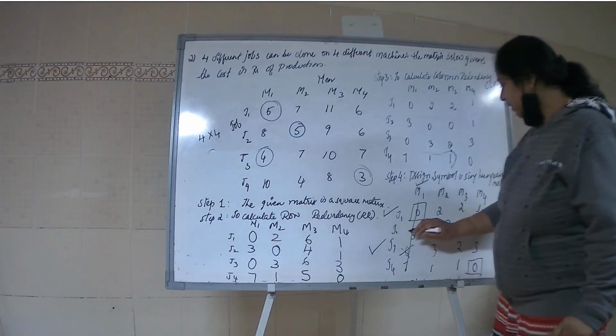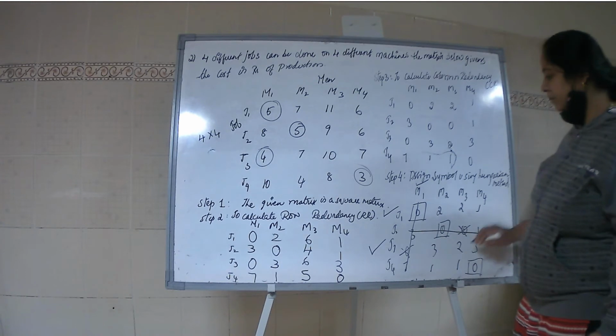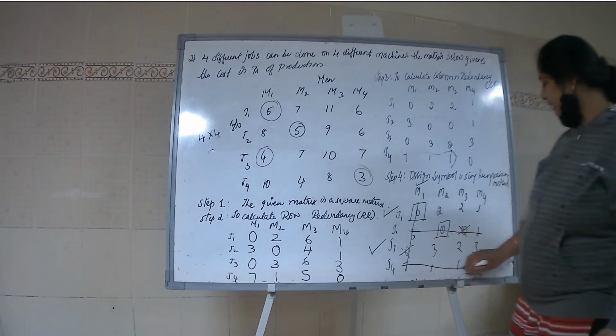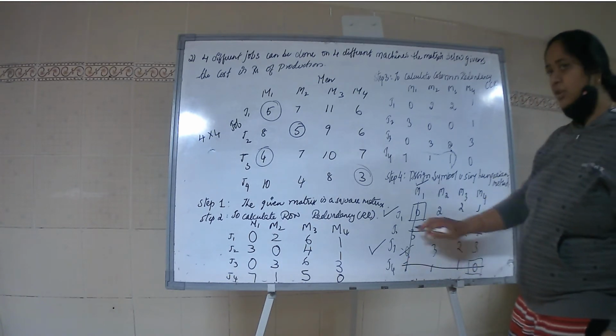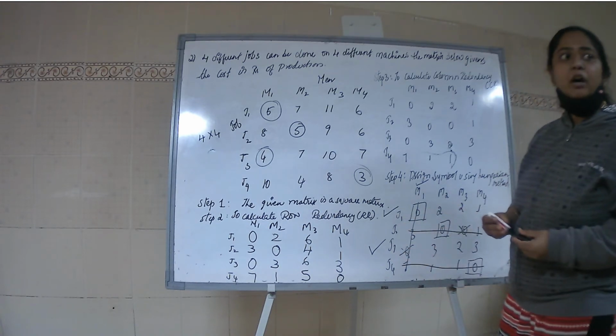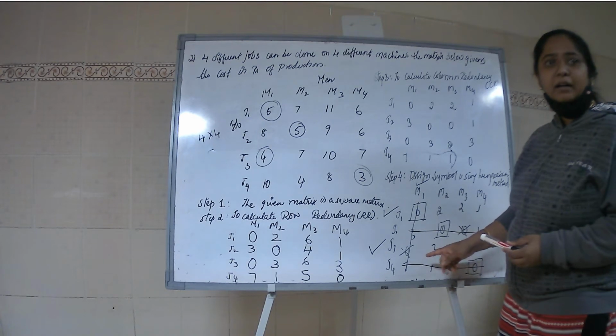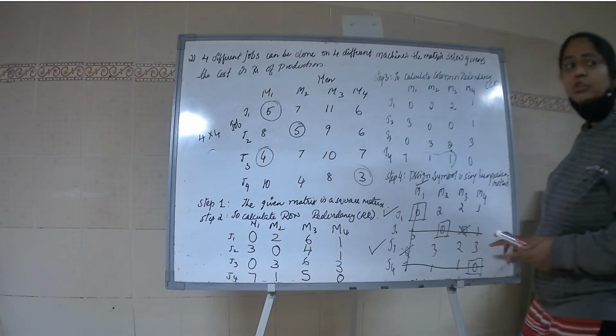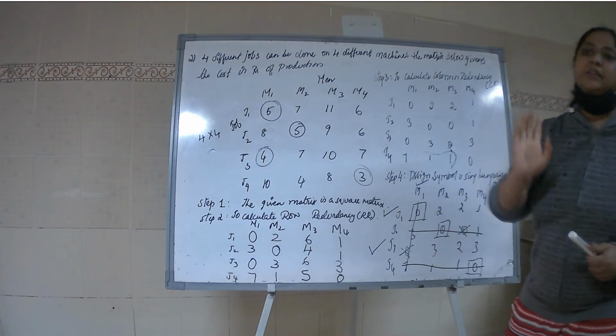Here J2 doesn't have the tick mark and J4 doesn't have the tick mark. So strike those rows where you don't have the tick mark. In a column you have to strike where you have a tick mark. But when it comes to rows, you have to strike those rows where you don't have the tick mark.